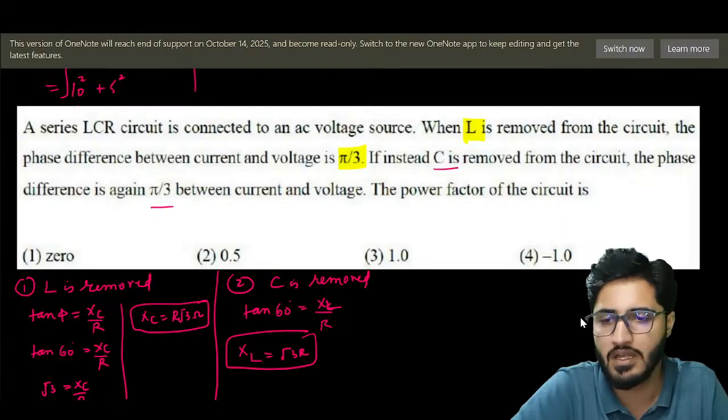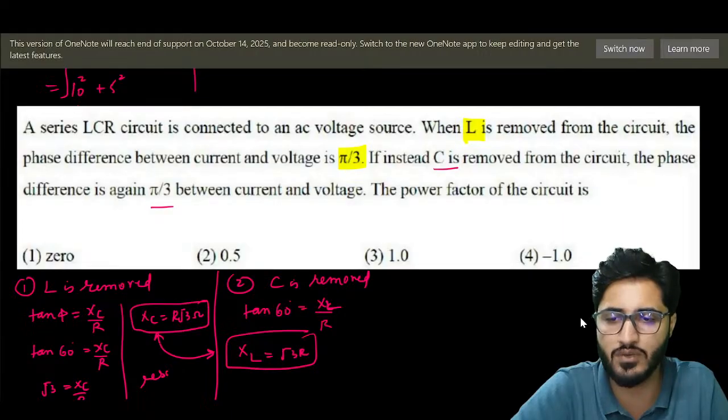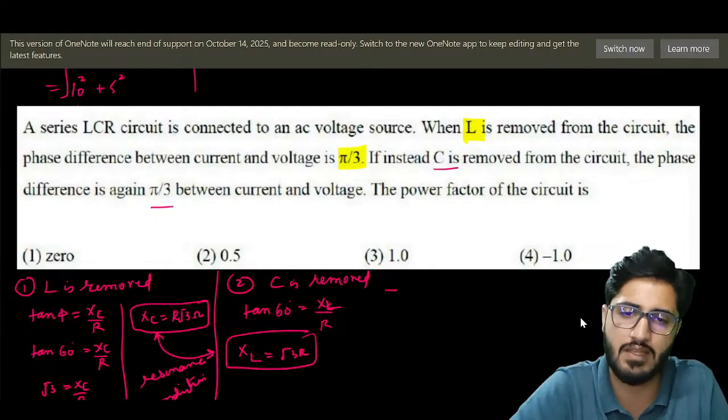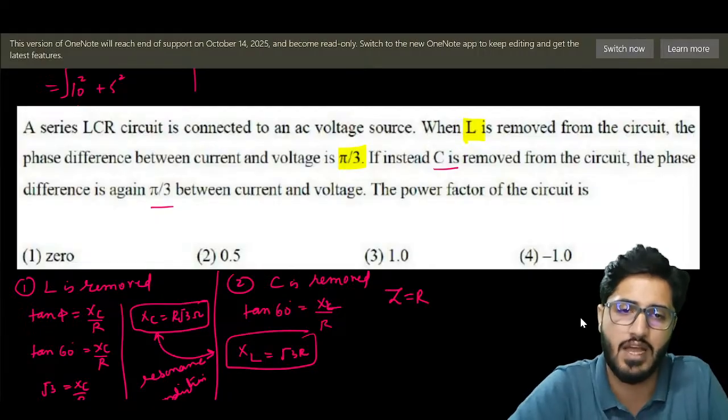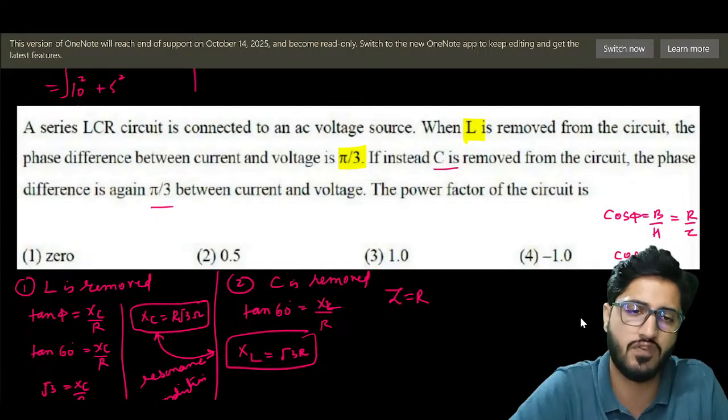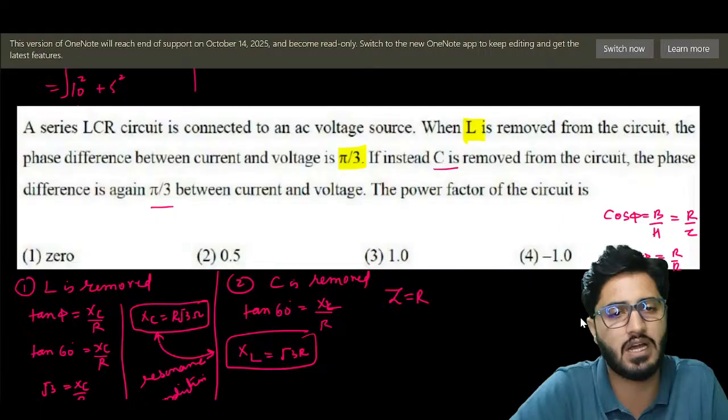Now look, XC and XL both are the same, so this is the resonance condition. If this is a resonance condition, my impedance Z is equal to R, and my cos phi is base by hypotenuse. Base is R, hypotenuse is Z. So my cos phi is R by R, which is 1 only.